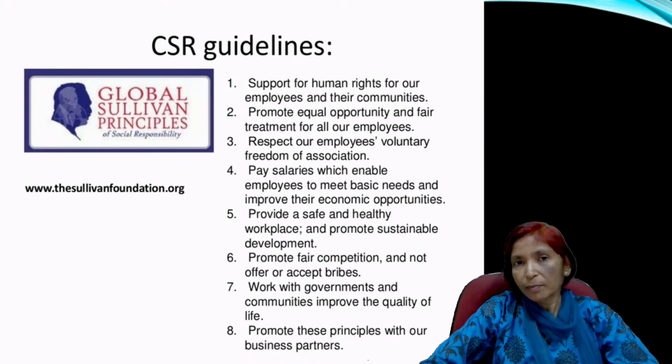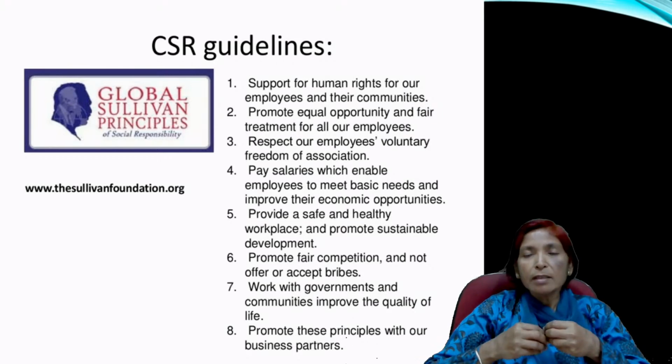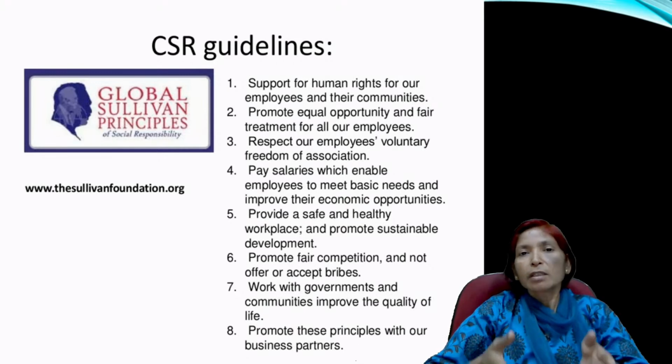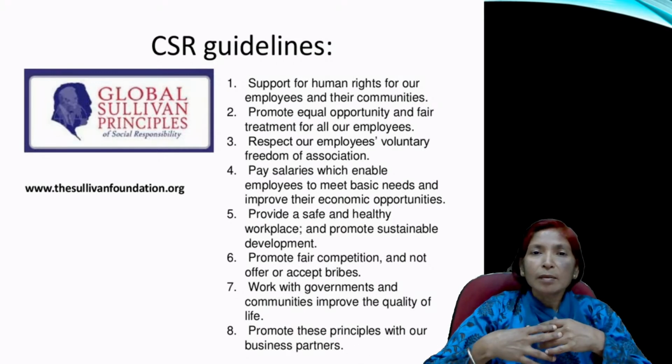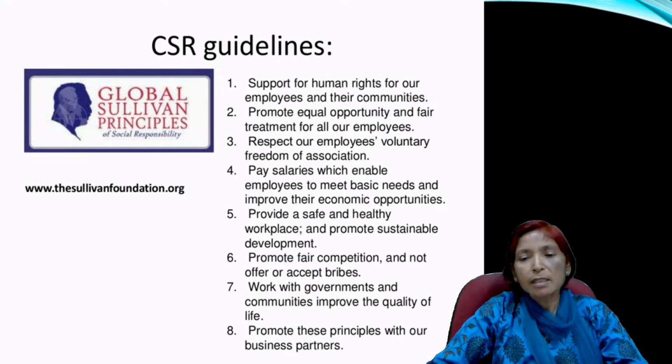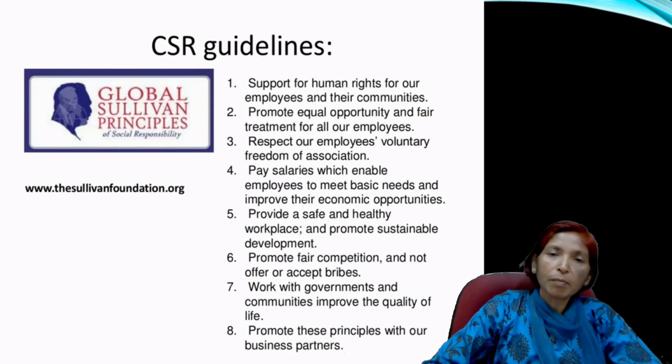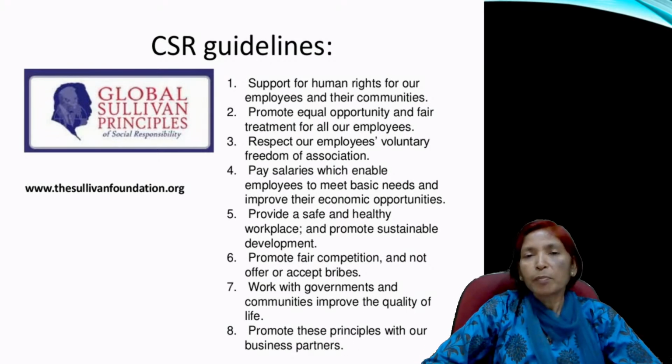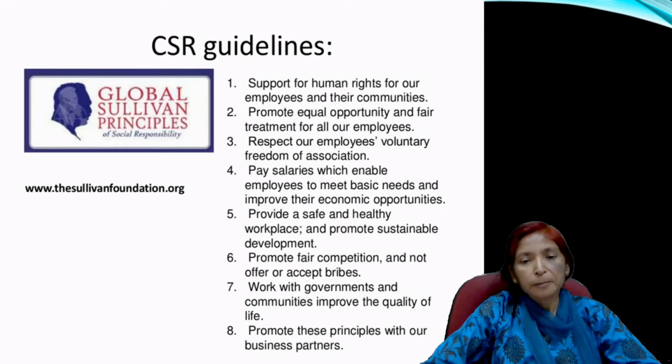Earlier it was only three: food, cloth, and shelter. But at present, our basic needs are six: food, cloth, shelter, education, health, and sanitation. So, the employer should pay that amount to each employee so that each and every employee can fulfill their basic needs and improve their economic opportunities and their standard of living.